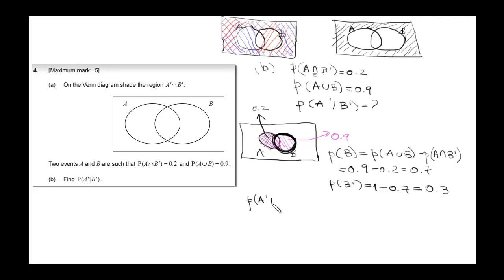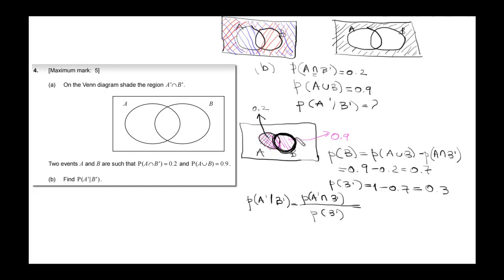And now we write the conditional probability formula. Probability of A dash given B dash is probability of A dash intersection B dash over probability of B dash. A dash intersection B dash is shaded in the first part, so it is everything outside the union.